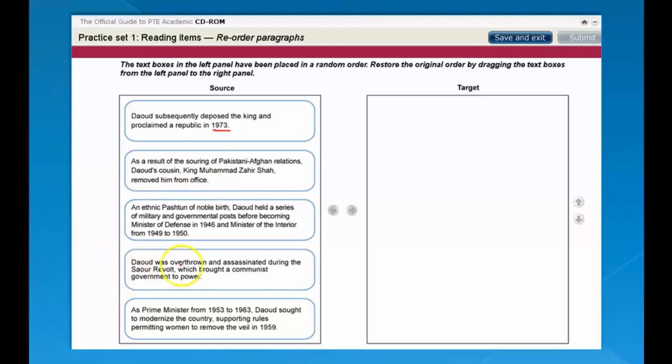Daud was overthrown and assassinated during the Saur Revolt, which brought a communist government to power. Well, Daud cannot be overthrown and assassinated before he deposes a king, because dead people really can't do much. So necessarily, this comes after this.